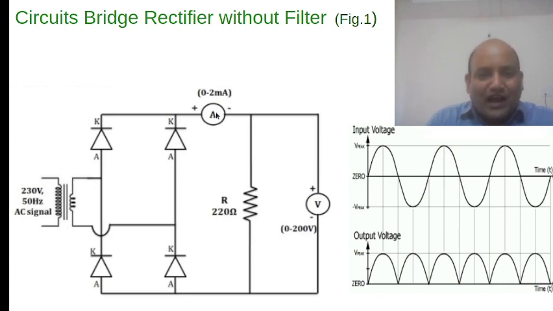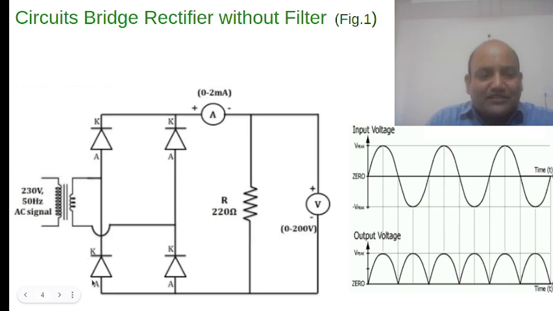So now we are in a position to explain the working of this rectifier. When this terminal of your transformer is positive and this terminal is negative, then what happens?